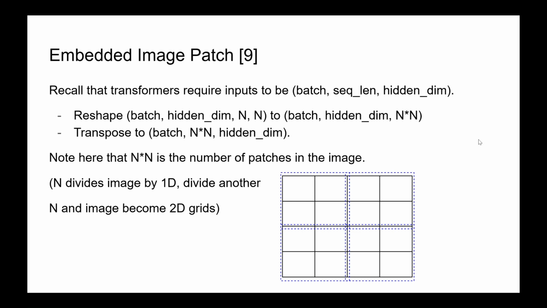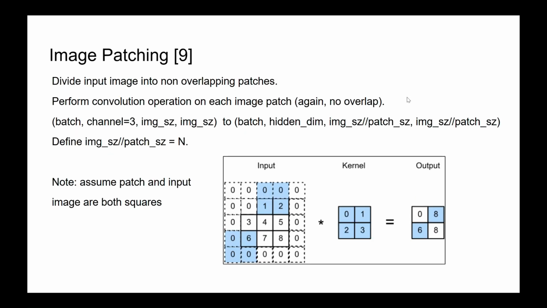So if you remember, our general input structure for the transformers is batch, sequence length, hidden dimension. But previously, our final dimension is really batch, hidden dimension, image size divided by patch size, image size divided by patch size, or batch, hidden dimension, n, n.